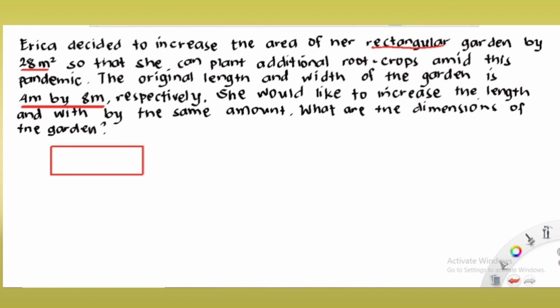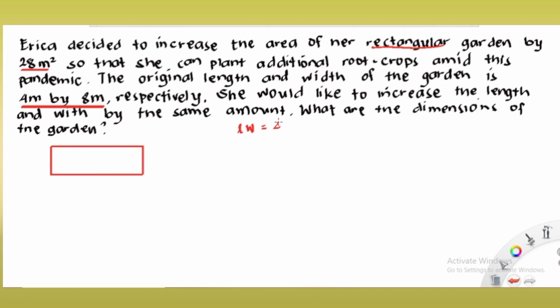Okay? So, using the formula for the area of a rectangle, hindi ba't ang formula is length times width. So, if we're going to substitute these values, 8 meters by 4 meters, ito yung original garden ni Erica.